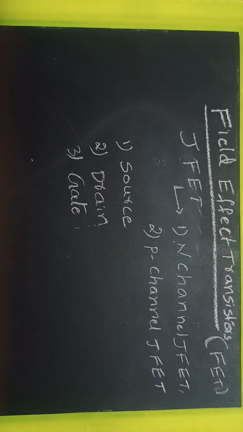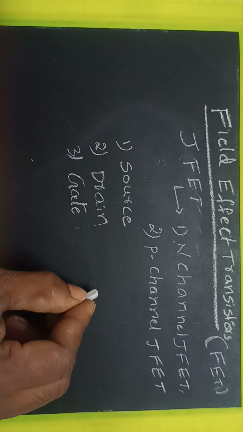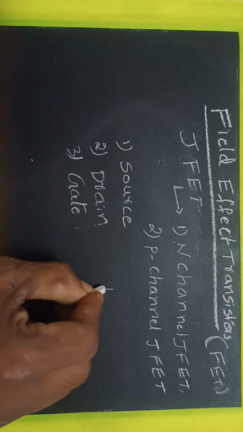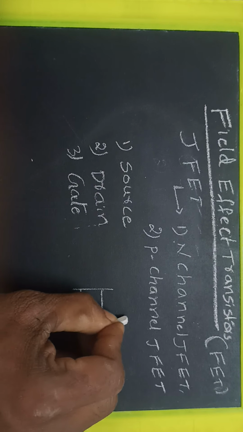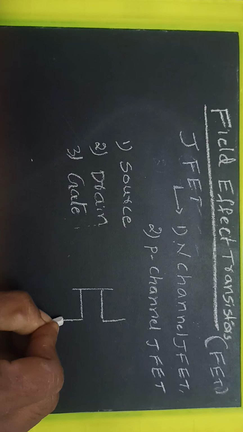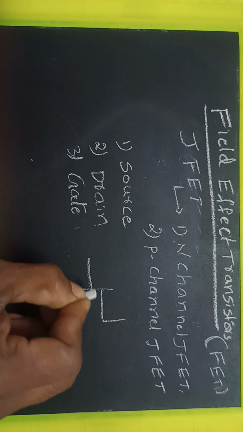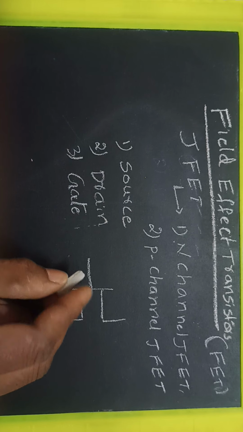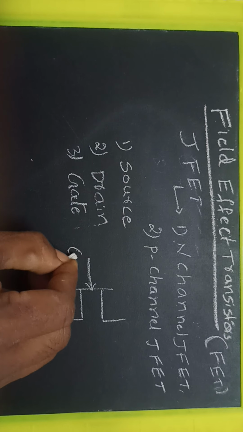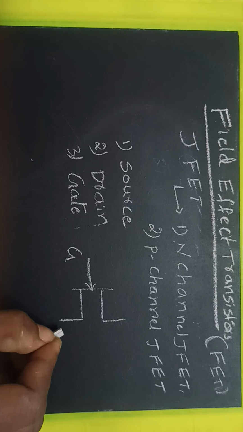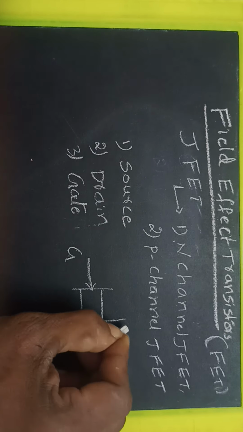For the N channel FET, the schematic diagram is represented like this. This is the N channel FET, with the arrow mark, gate, source, drain.